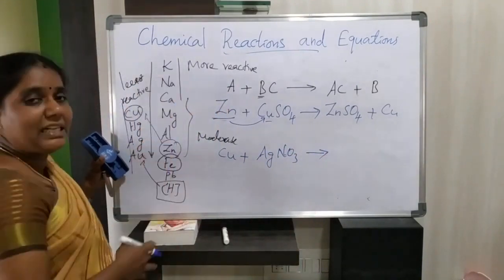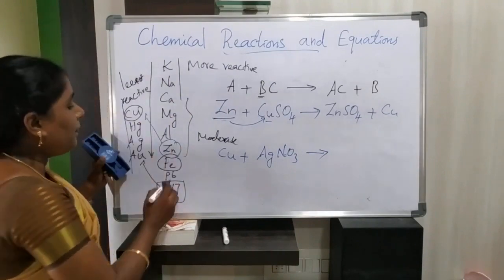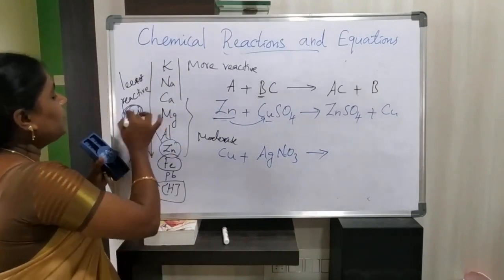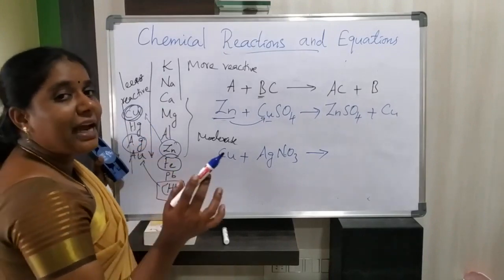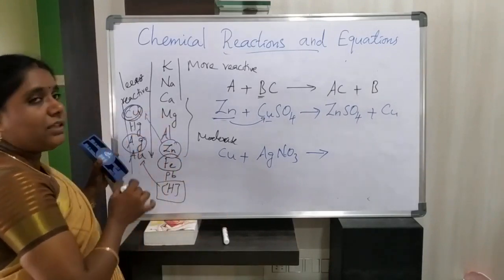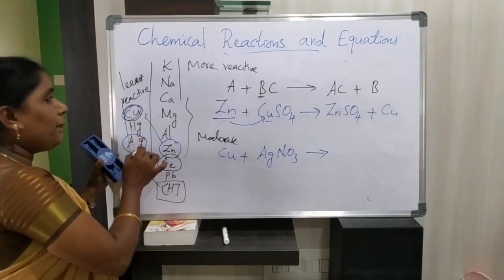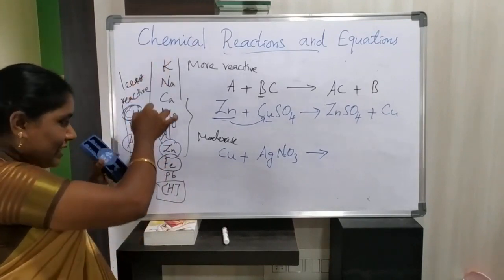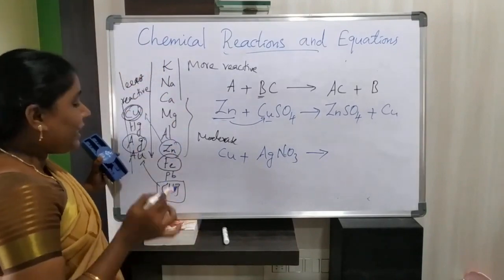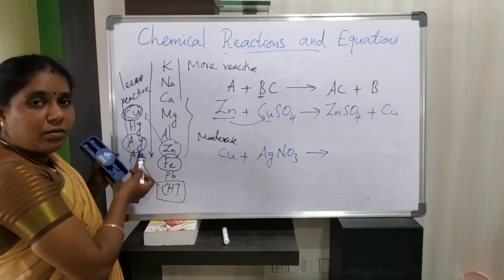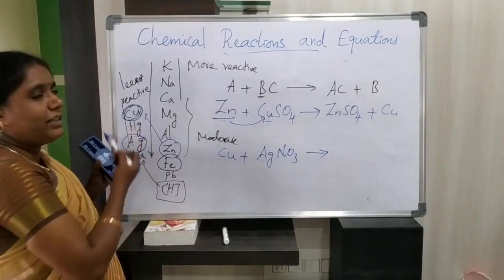First see the activity series of metals. Where is copper? Copper is here. And where is silver? Silver is here. Which is more reactive, copper or silver? Silver is below copper. This is the reactivity series of elements arranged in decreasing activity. Decreasing activity means this one is less reactive than this element.